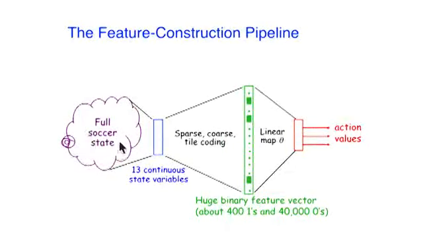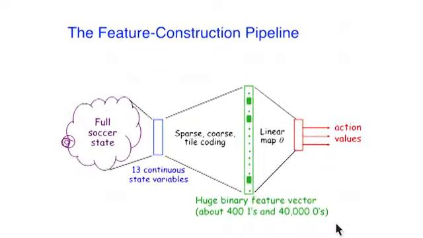So that's this step. We take the whole soccer position, we reduce it to 13 numbers, and then we have this technique that was used, for example, in mountain car and acrobot, in order to convert continuous numbers into giant binary feature vectors. In this case, we have 40,000 components to our feature vector, but only a few of them are ones.